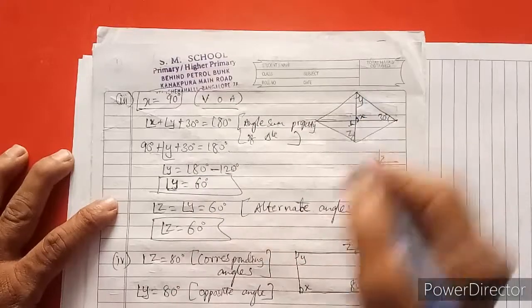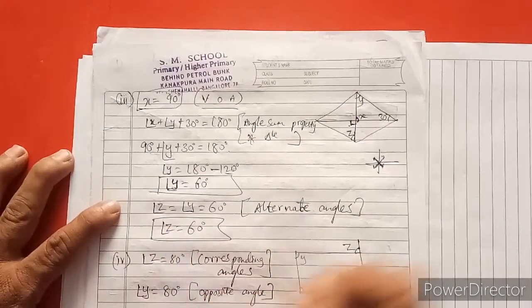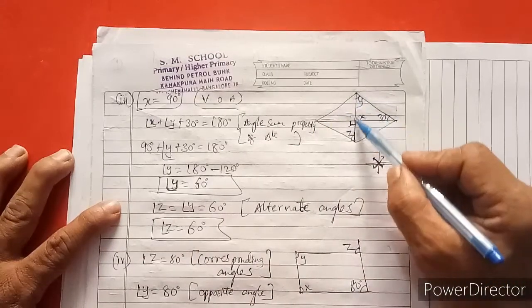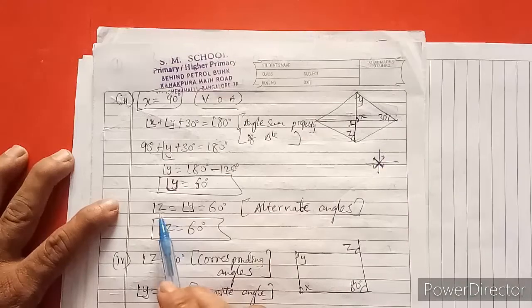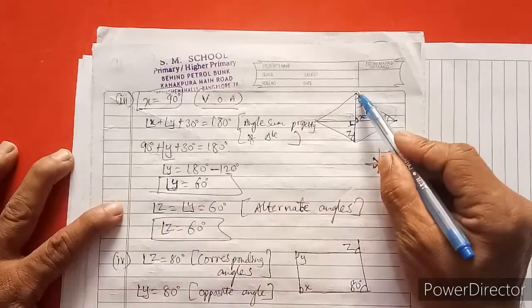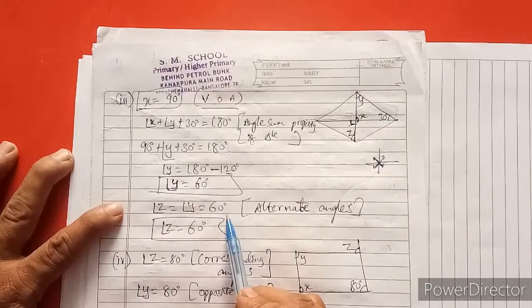We got angle y. And similarly, see here, you see these angles, right? So here angle z is equal to angle y, that is 60 degrees.